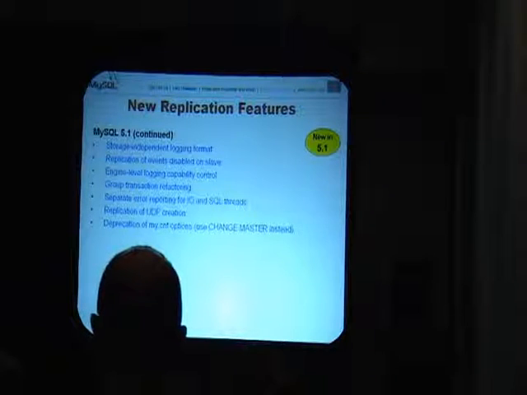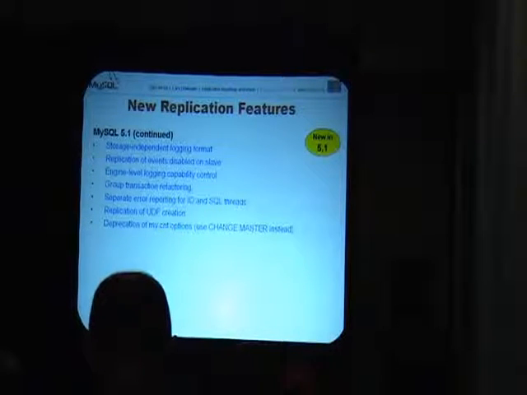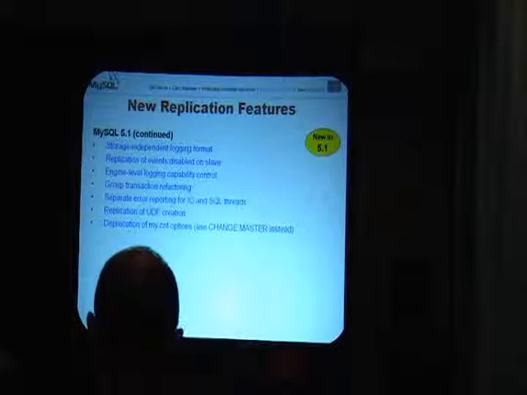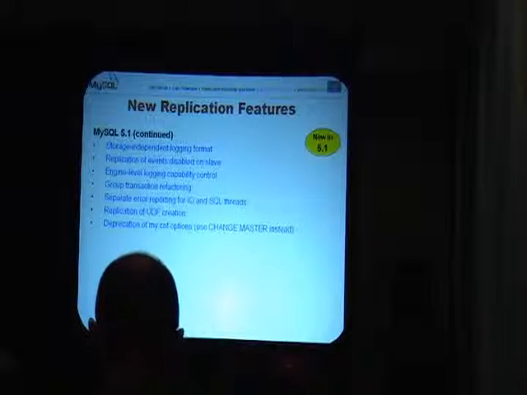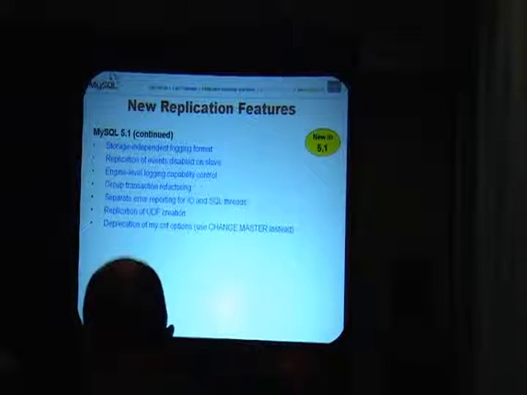We have engine level logging capability control, which means that some engines can only use statement-based replication. For instance, federated and black hole, when you use black hole in the middle of a chain. So some of them can only use statement, and some can only use row.